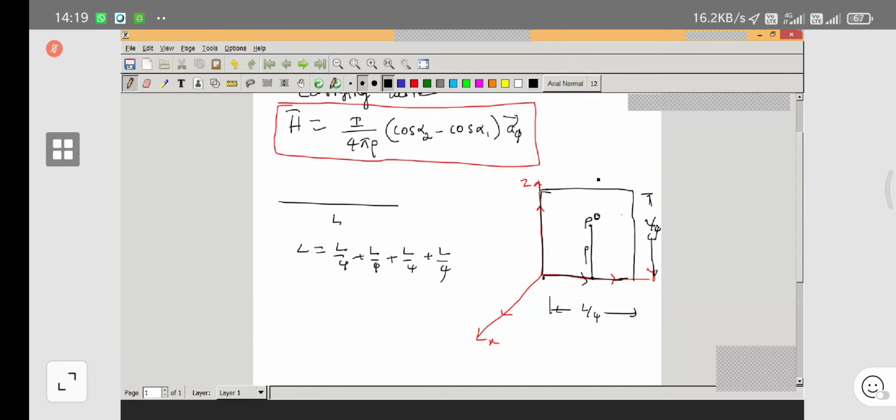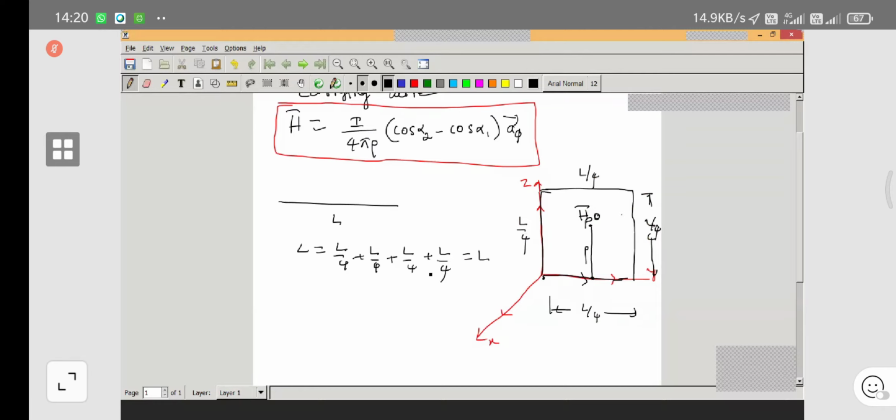That is nothing but 4 L by 4, which is L, capital L. Each side is L by 4. At point P, we have to find the magnetic field intensity, capital H.